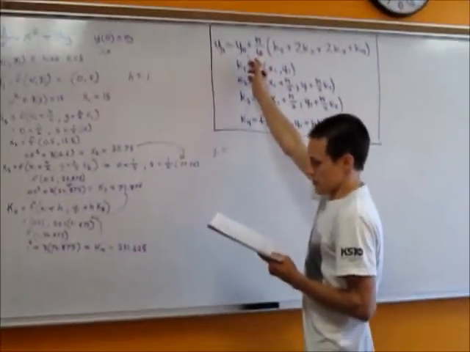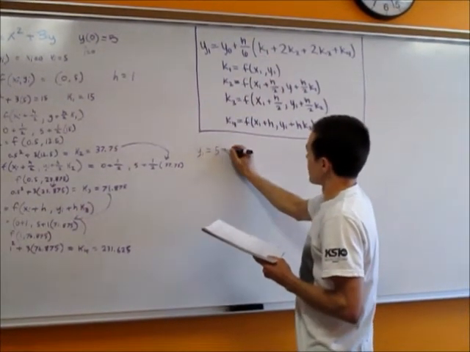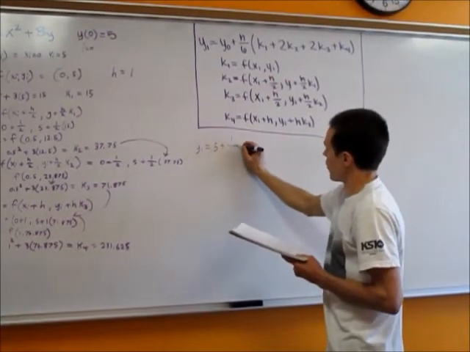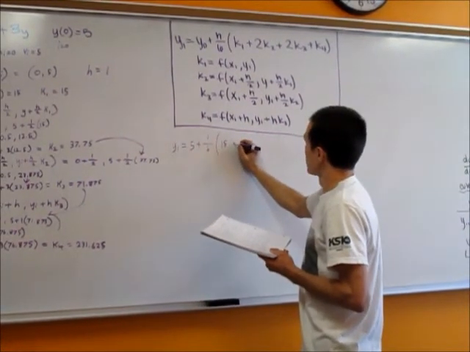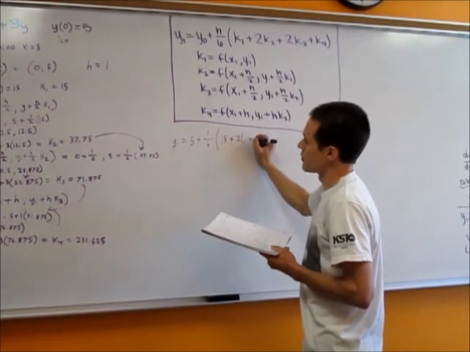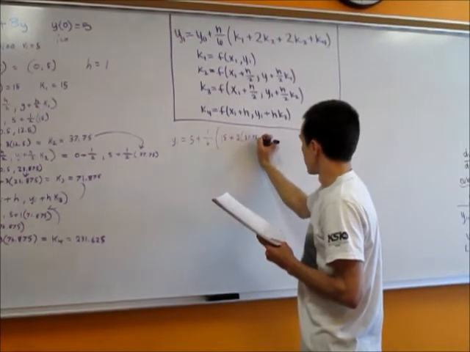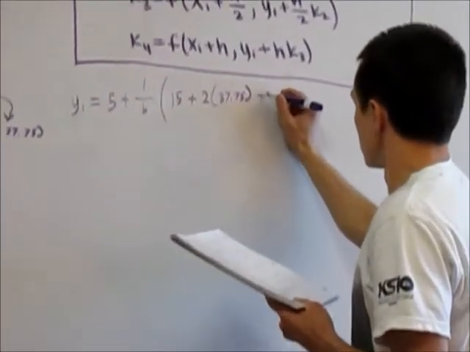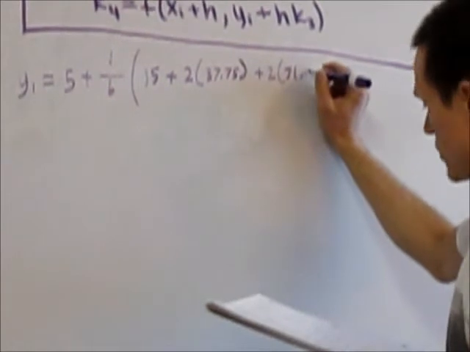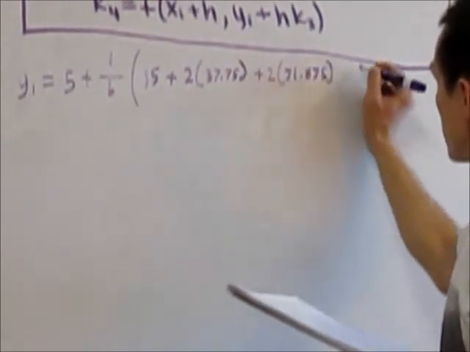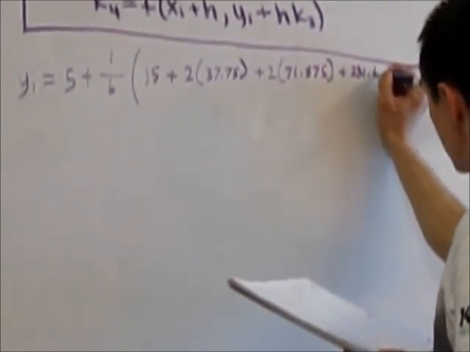So y1 equals, and we use our y initial, which was 5, plus h, which was our step size of 1 over 6, and all that times our K1 value, which was 15, plus 2 times our K2 value, which was 37.75, plus 2 times our K3 value, which was 71.875, plus K4 value, which was 231.625.